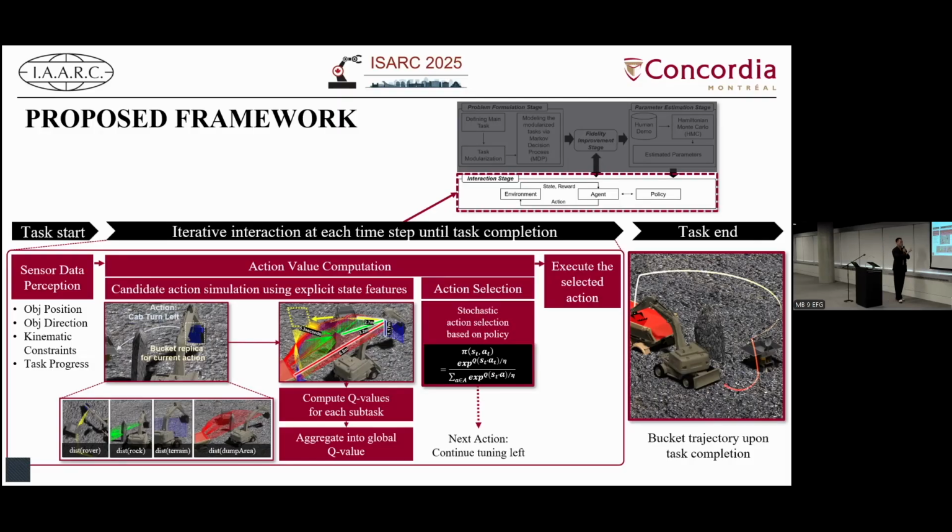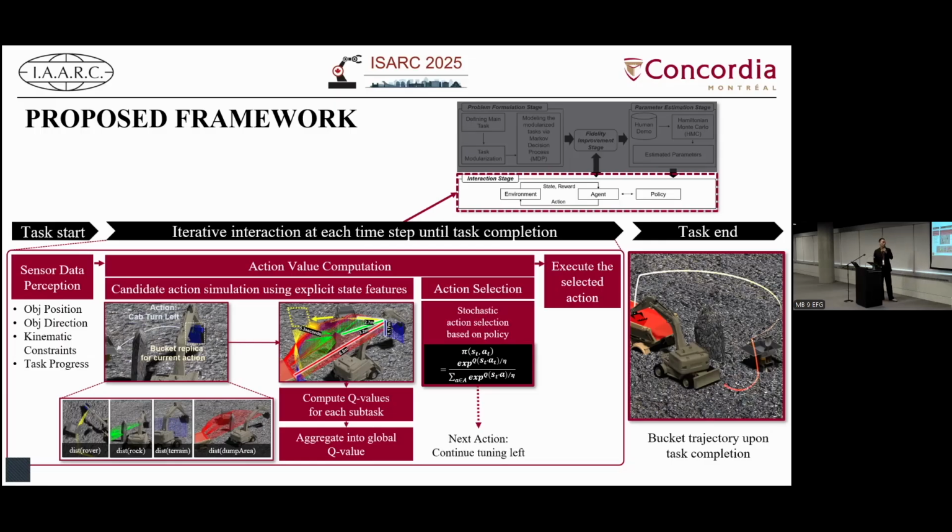The first step is data perception, where the agent perceives data from its surroundings and itself. And then the agent simulates all the candidate actions by using a virtual bucket replica in the simulation to calculate the spatial distance and temporal distance of the bucket, like the distance between the bucket and each key object, such as rubber, rock, terrain, and dump area.